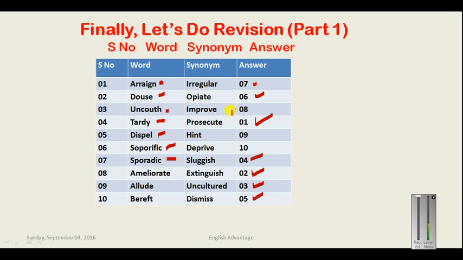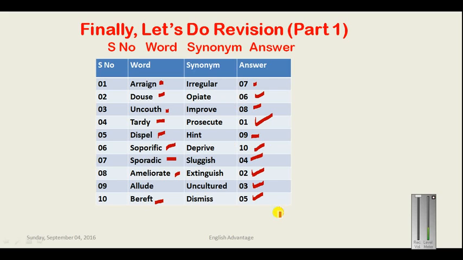Ameliorate means to improve something, and the opposite of this word will be aggravate or worsen. Allude means to make a hint or to make a brief mention of something. Bereft means deprive. Okay, so this is the first part.